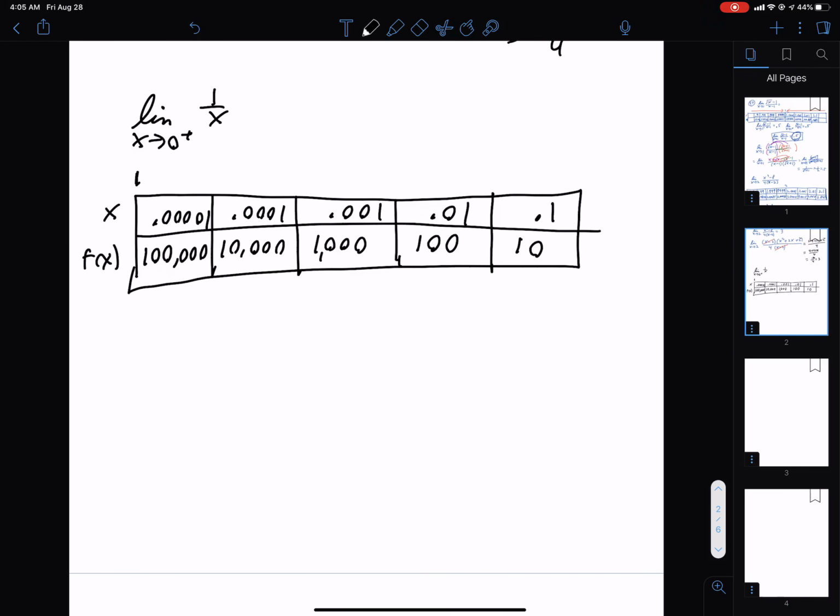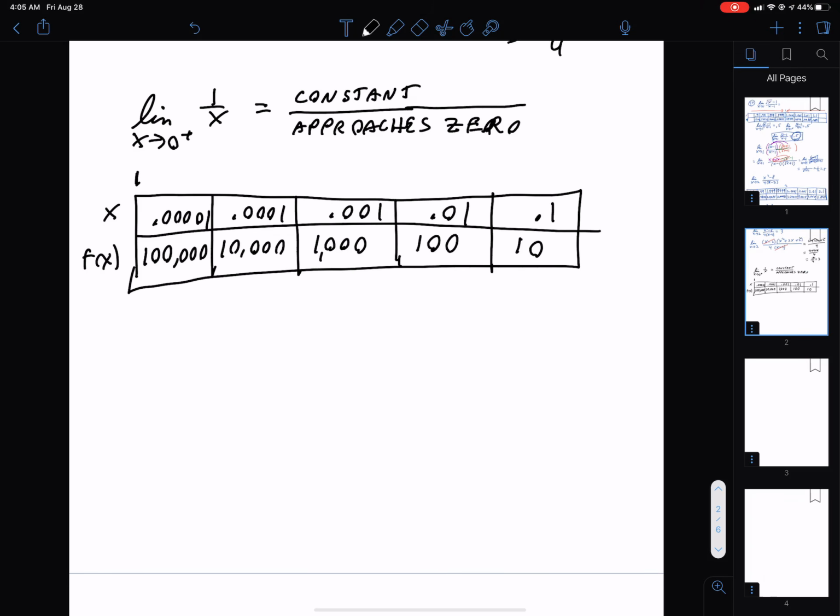So here's the first concept. When you're taking a limit and the top number is a constant and the bottom number approaches 0, it's going to get bigger and bigger and bigger, unbounded.